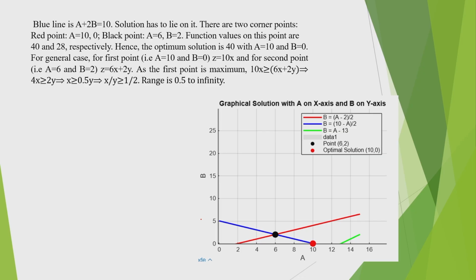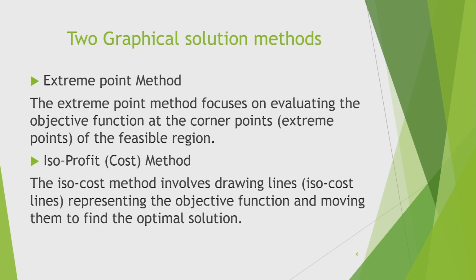Now for the general case, for the first point, that is a equal to 10 and b equal to 0, we can say z is equal to 10x, and for the second point, suppose your profit would have been as given here.